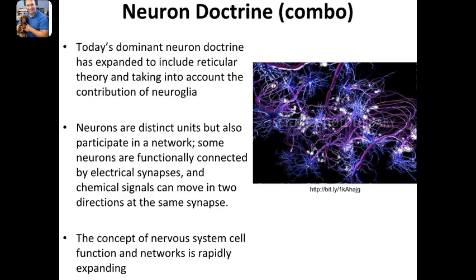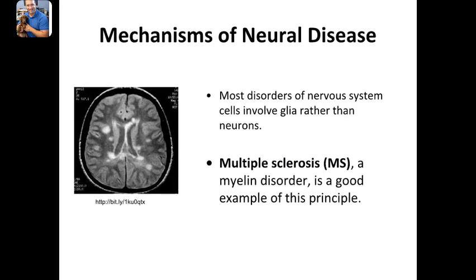Multiple sclerosis is a demyelinating disorder. So, God forbid, but this is a horizontal or transverse section of the brain, and we can see this is the gray matter, and the white matter is in here, and then we see these white spots, which is not normal anatomy. All right?